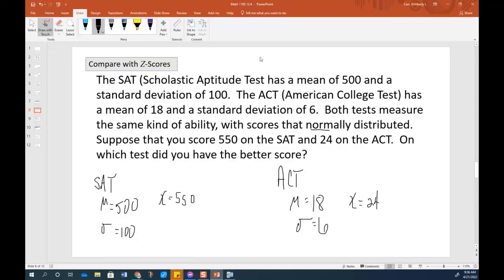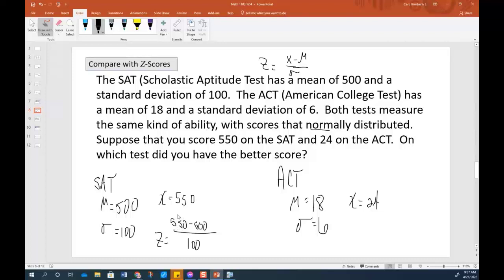So again, that z-score can be found by taking the value minus the mean and dividing it by the standard deviation. So we want 550 minus 500 divided by 100, and that's going to give me the z-score for the SAT.